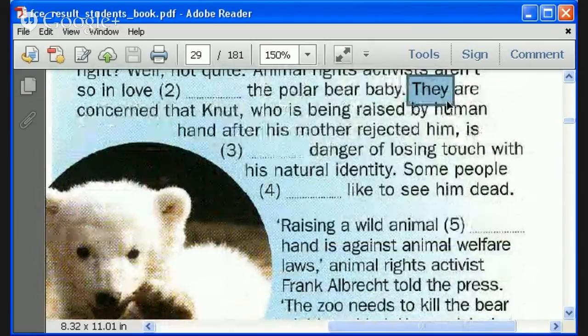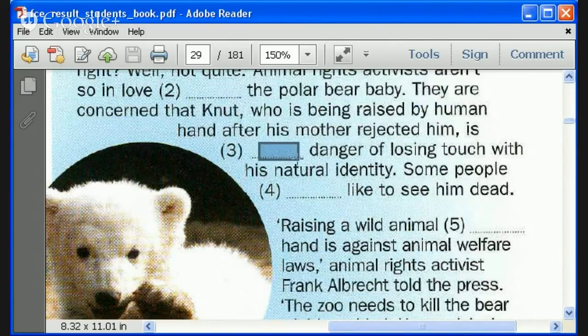They are concerned that Newt, who is being raised by human hand after his mother rejected him, is in danger of losing touch with his natural identity.